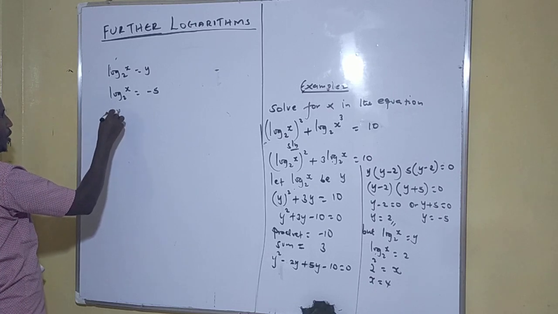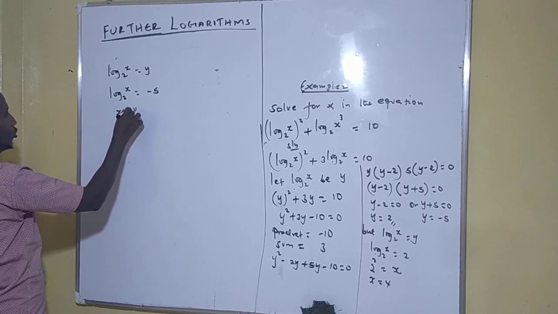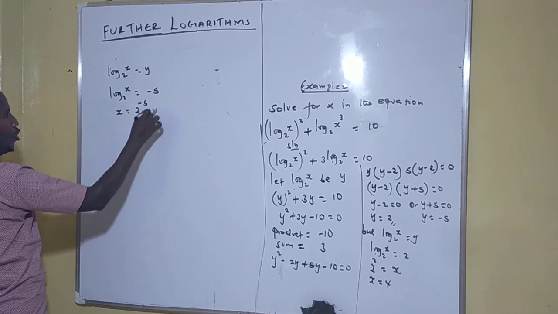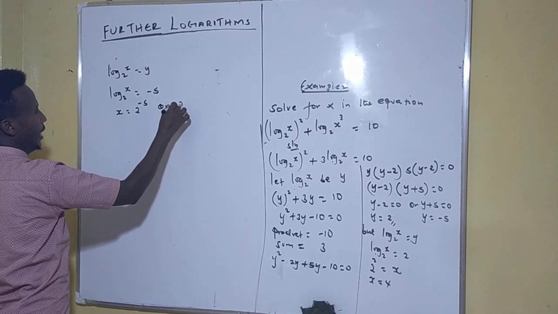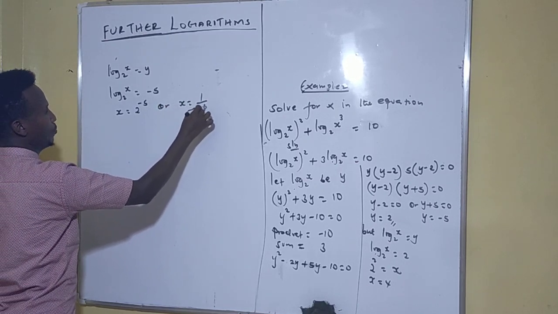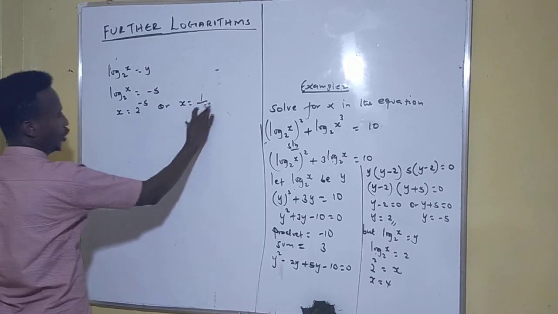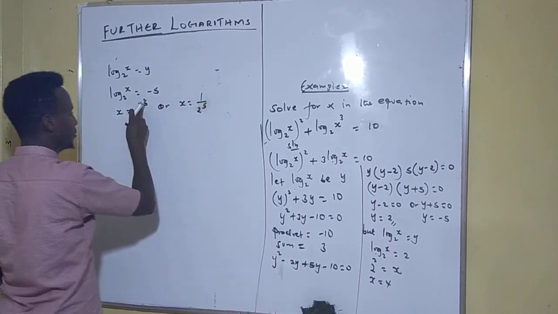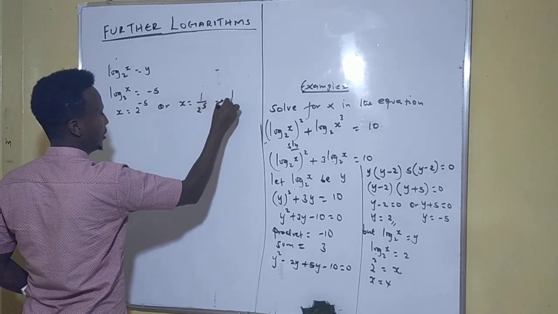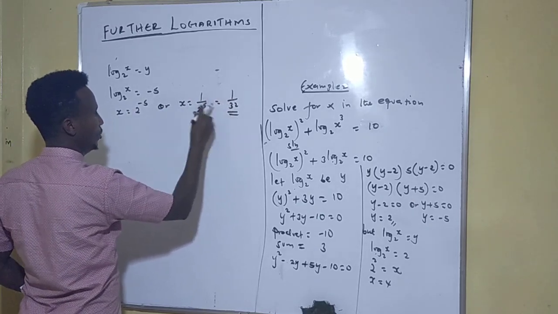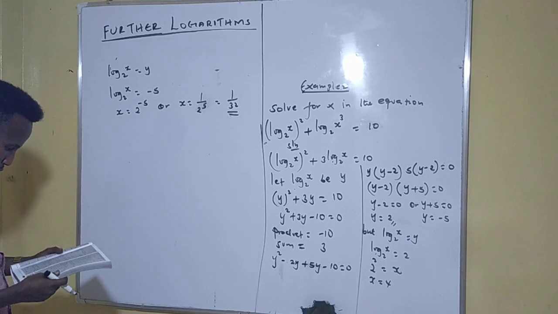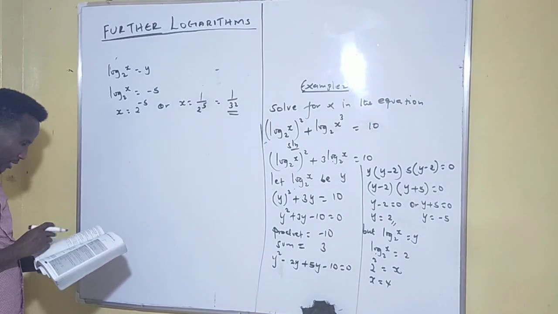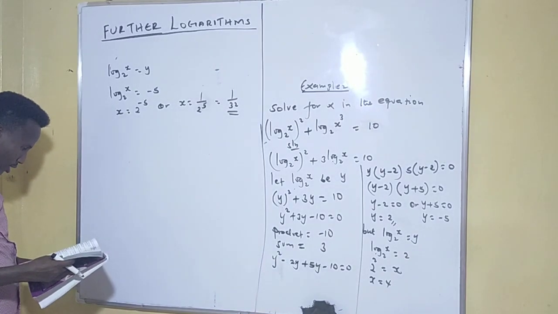So interchange them, and it will be x is equal to 2 power negative 5, or x is equal to 1 over 2 power 5. Because the moment you say 1 divided by 2 power 5, the negative sign of the power disappears. So that's another way of solving such kind of question during KCSE.